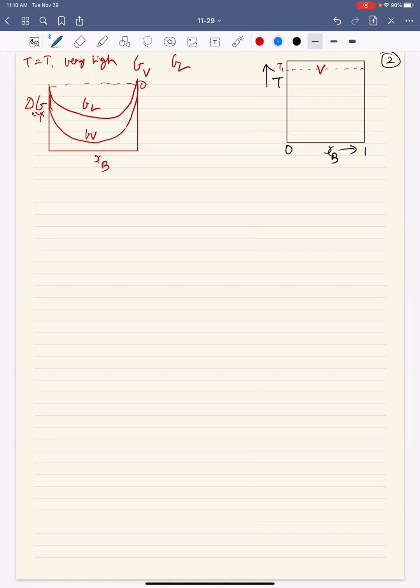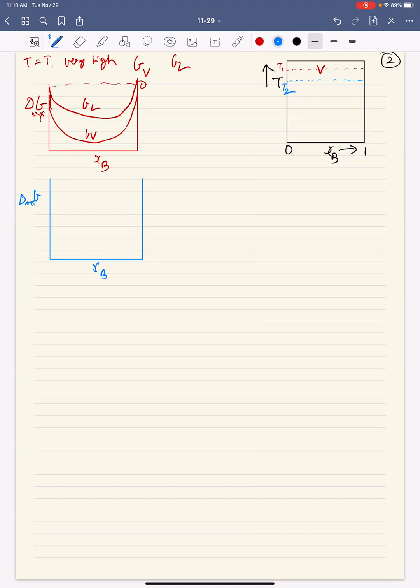Let's go down a little bit. Let's go down to temperature T2 and look at this same set of curves. So again, we are looking at delta mixing G versus XB for G liquid and G vapor.